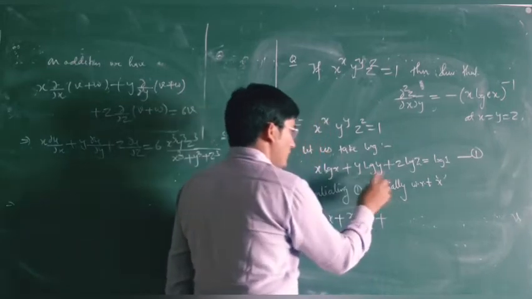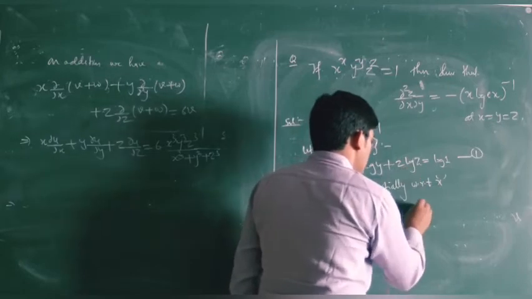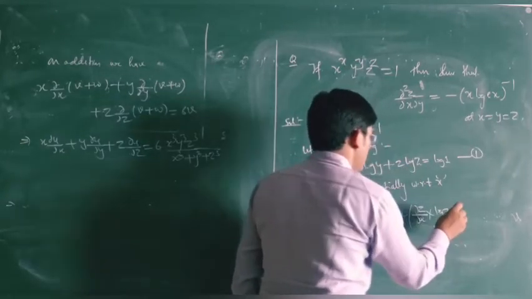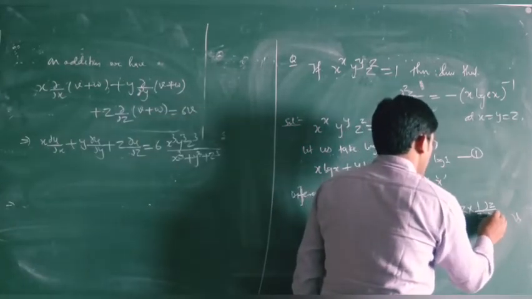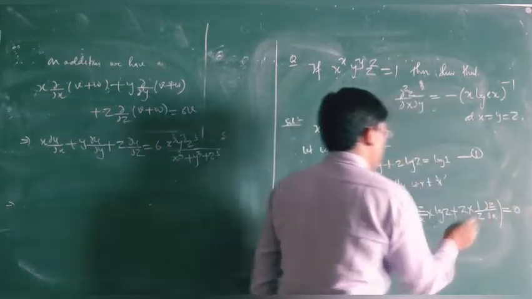As this is a function of y, its differentiation will be 0. Now the differentiation of z is del z upon del x into log z, then we have z, and the differentiation of log z will be 1 by z, and then del z upon del x, and the differentiation of log 1 is 0.